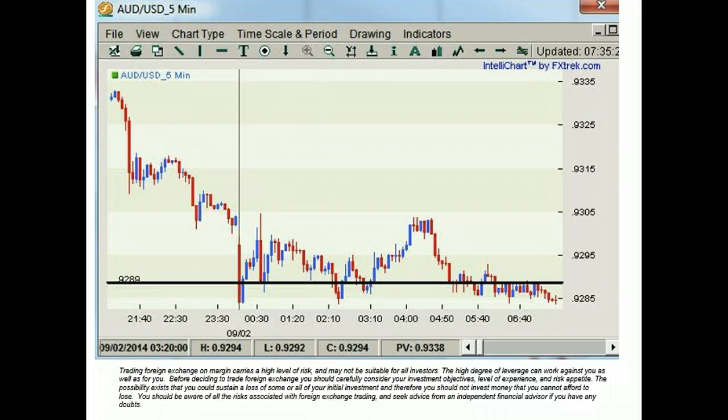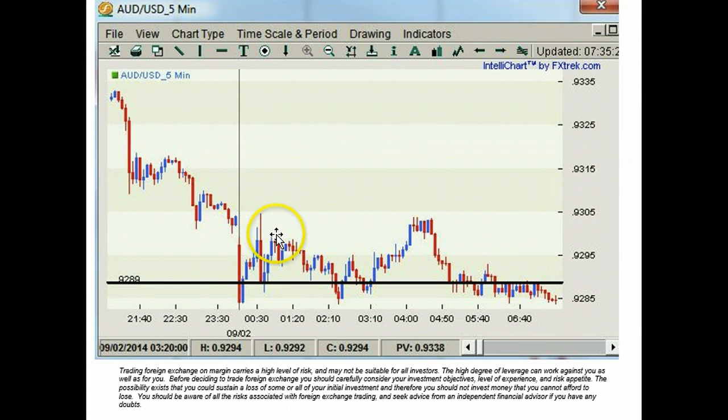Starting off, let's take a look at the Australian dollar and its reaction to the September Reserve Bank of Australia monetary policy announcement. Now, first and foremost, the RBA announcement actually does not occur where the vertical line is. It occurs right over here at the 0030 candle because that's when we actually have the RBA rate decision.